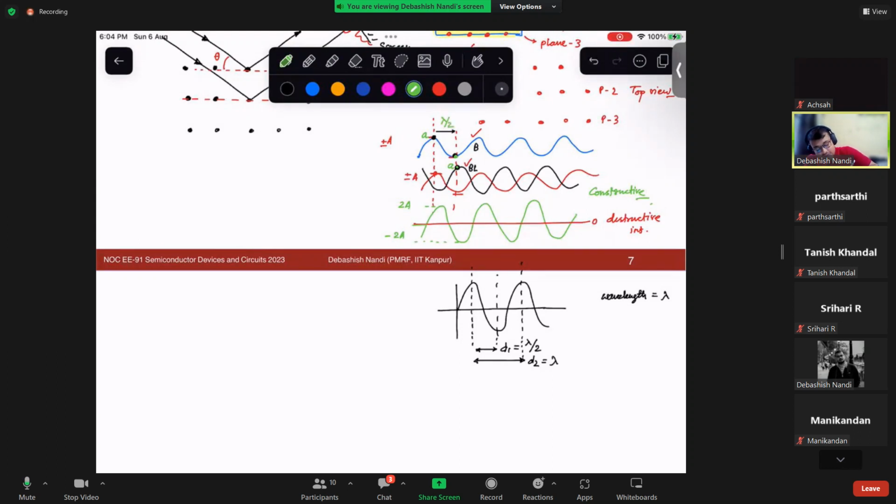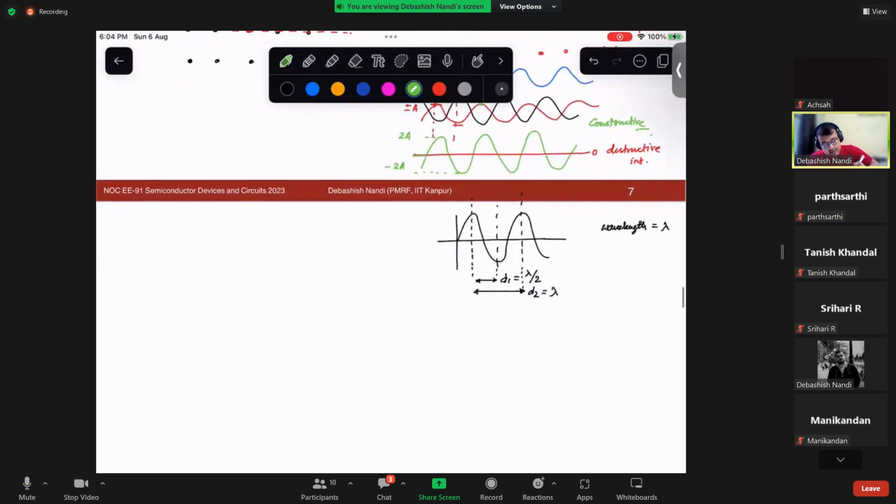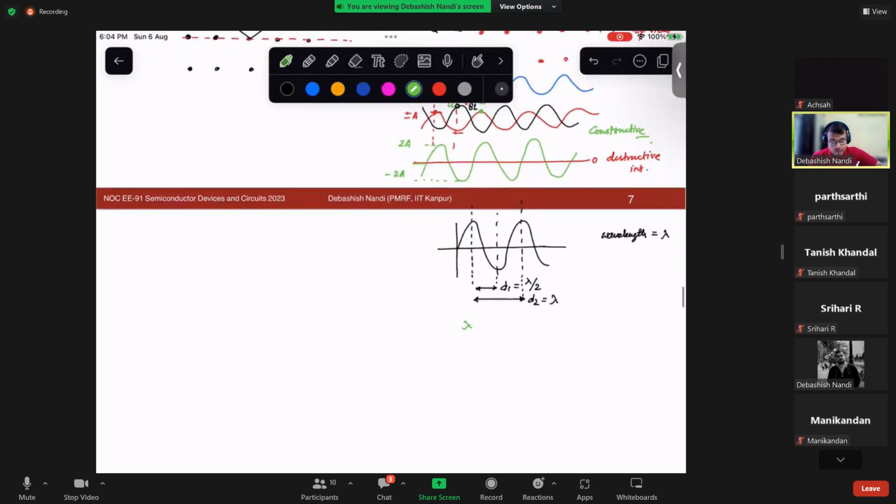If we shift it by another lambda by 2 for the red curve, point A has shifted by a lambda distance, giving constructive interference.